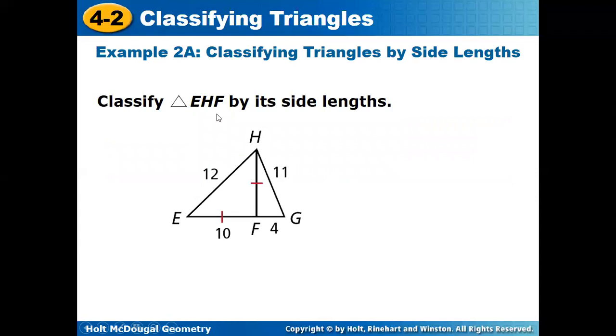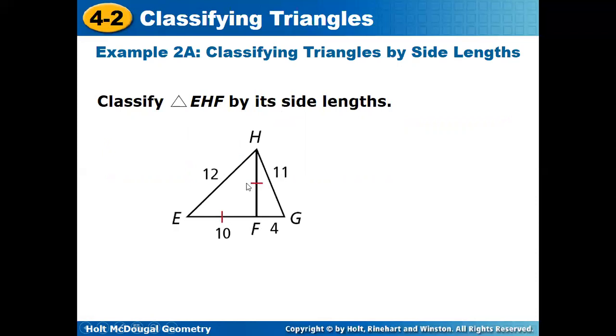So here in this question, classify the triangle EHF by its side lengths. Okay, the first triangle, EHF. In this triangle, we have two sides that have the same sign, FH and FE.